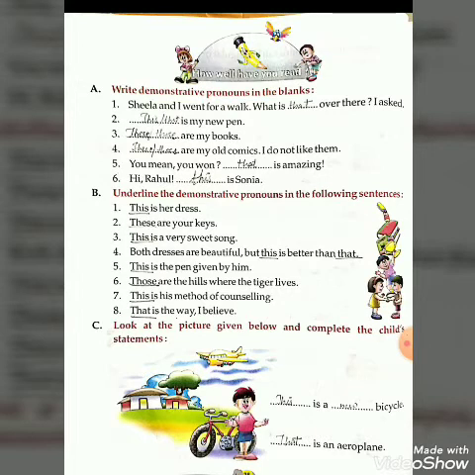Now, come to the next one, B. Underline the demonstrative pronouns in the following sentences. First one, this is her dress. Here demonstrative pronoun is the word this. Second one, these are your keys. Here demonstrative pronoun is the word these.